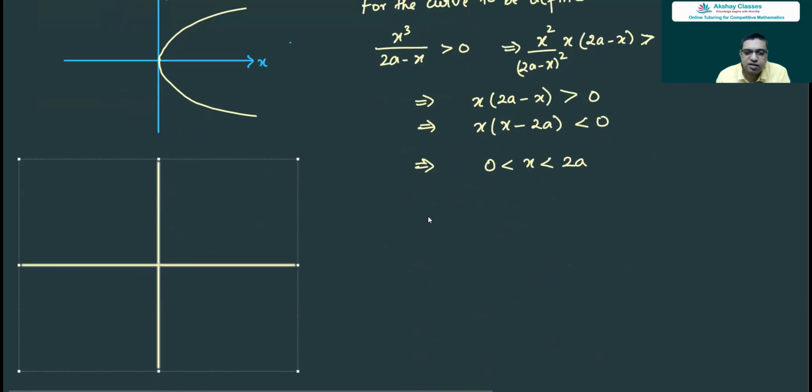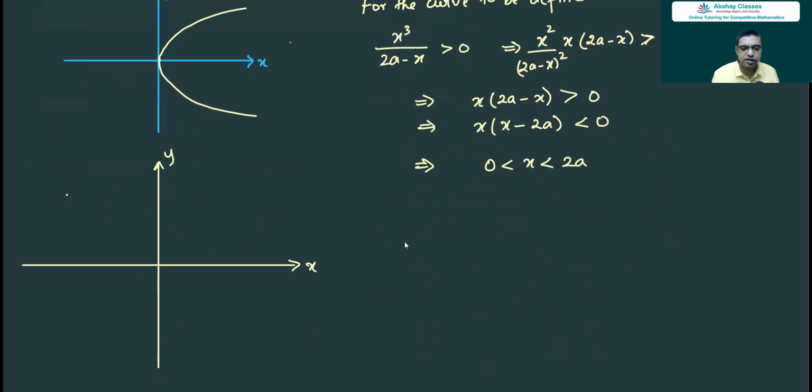Okay, this curve is, just a second. All right, doesn't matter. This is y, this is x. Our curve is y square is equal to x cube by 2a minus x.